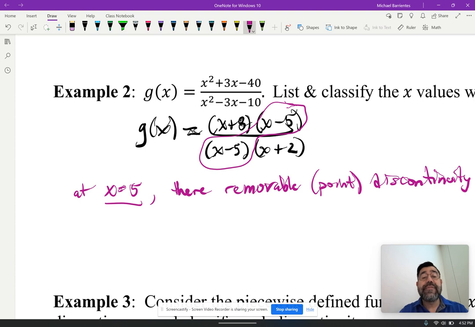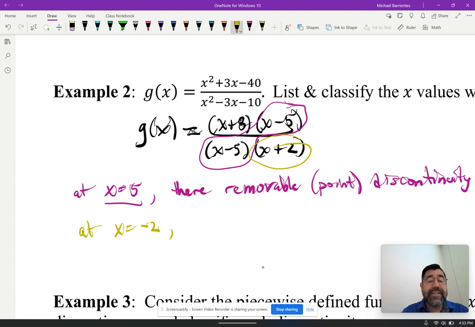Okay, so then what's left over? Well, this one's left over. So at x equals negative 2, once I reduce the x minus 5 factors and they're gone, I'm only left with x plus 8 over x plus 2. If I substitute a negative 2, I get 6 on top and a 0 on the bottom. That's infinite behavior because it's a number divided by 0.